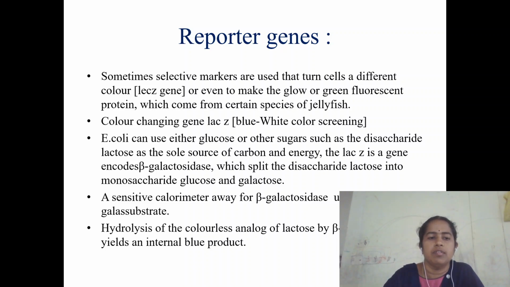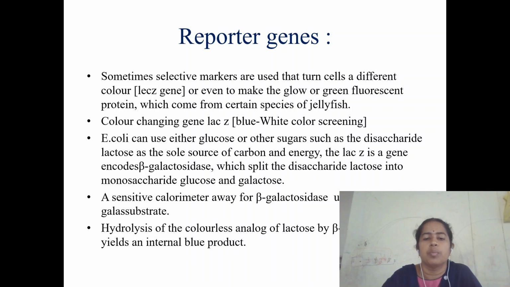Then the reporter genes. Reporter genes are sometimes called selective markers, which have different colors, like green fluorescent protein from some species of jellyfish. Then the color changing gene lacZ, for blue or white color screening. E. coli can use glucose or other sugars, and lacZ encodes beta galactosidase, which breaks the disaccharide lactose into the monosaccharides glucose and galactose.